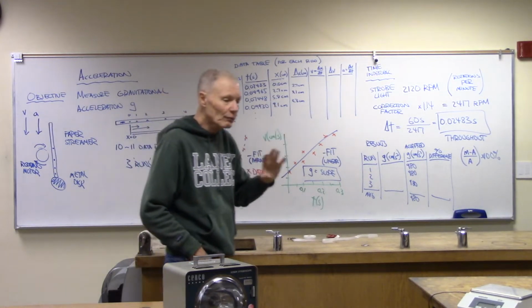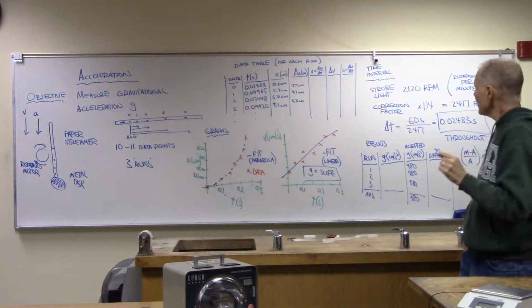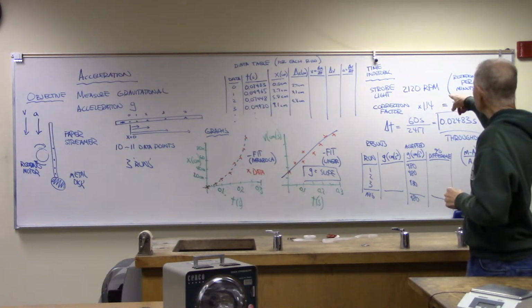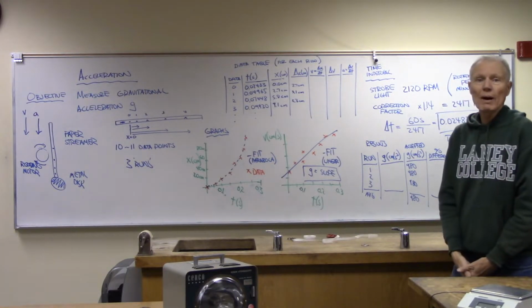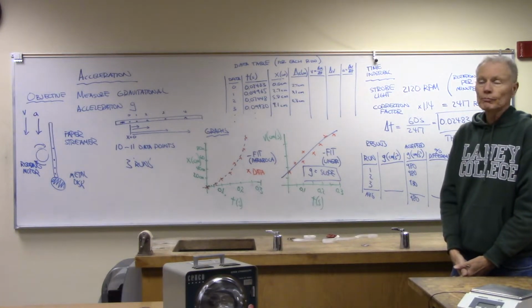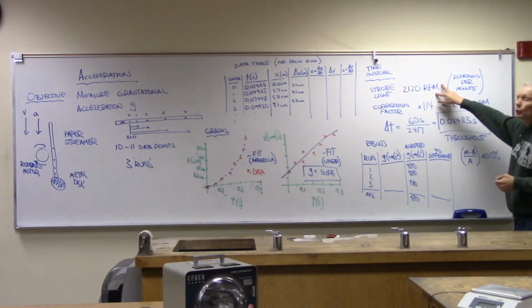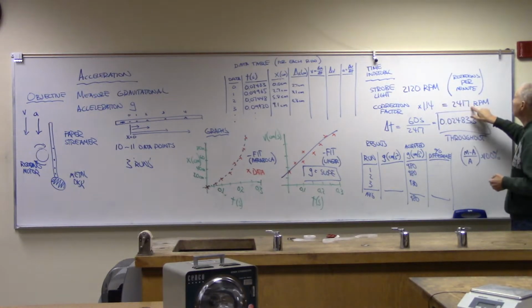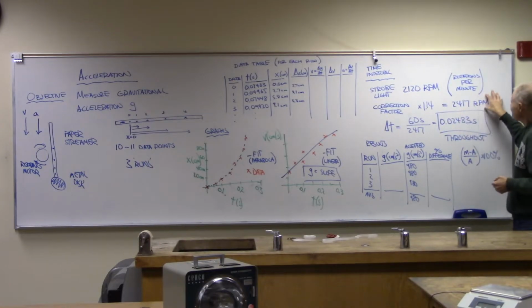I tried different frequencies, and in the region of the 2120 reading the correction factor looked to be about 14%. So I multiplied by 1.14, and the strobe light was saying 2,120 RPM, but in reality it's closer to 2417. So that seems pretty reliable.